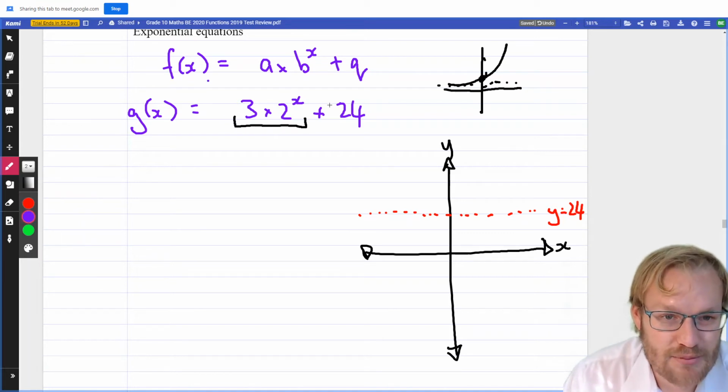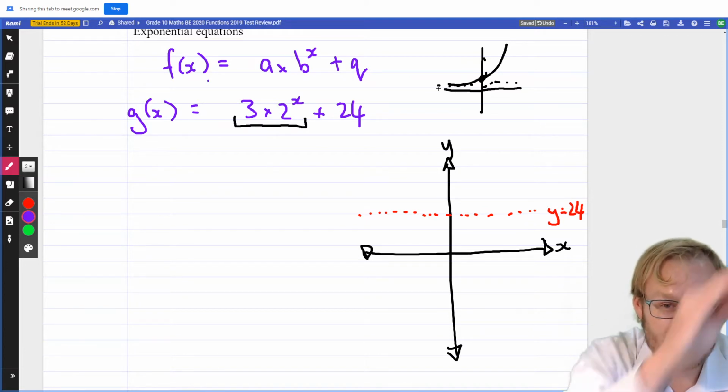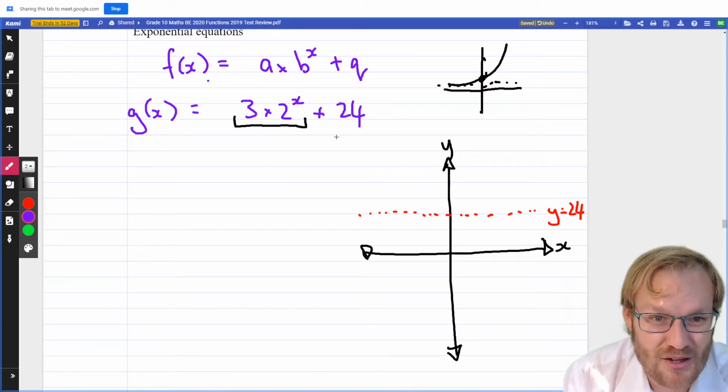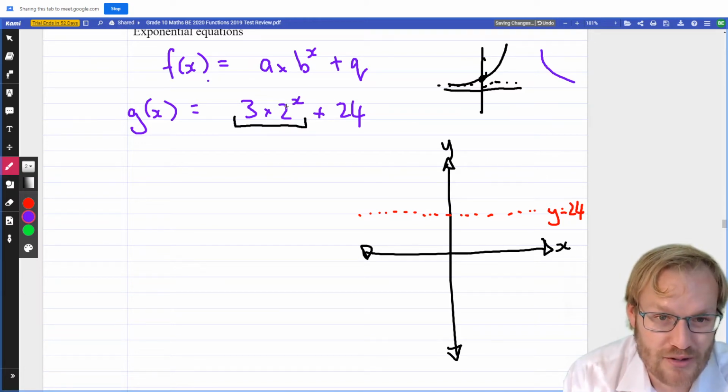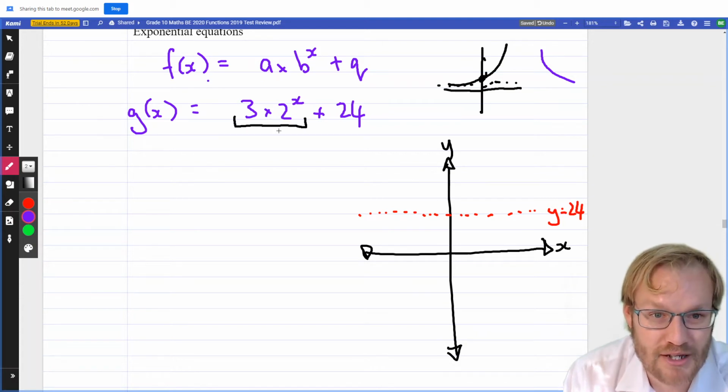We know that it's an exponential, so it's got this exponential shape to it, sliding up like that. Whether it's going to look like this or go down depends on the base too. If it's a number bigger than 1, then it's going to go up. If it's a fraction, it's going to get smaller.